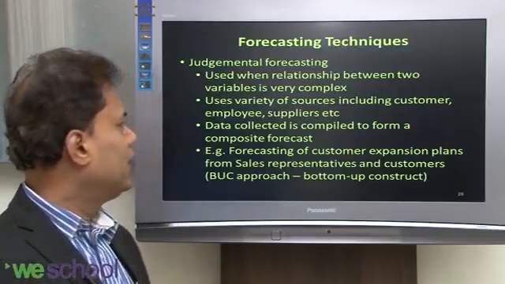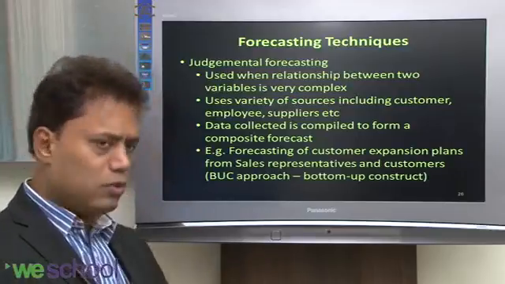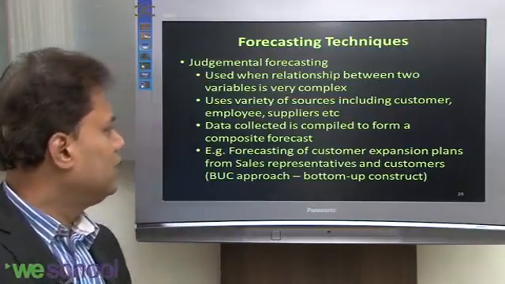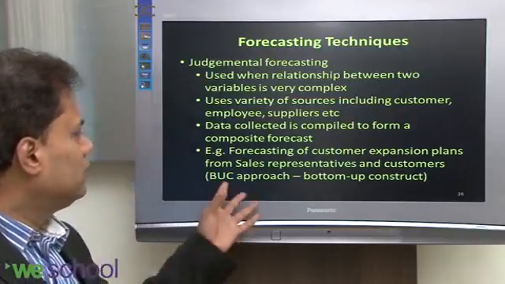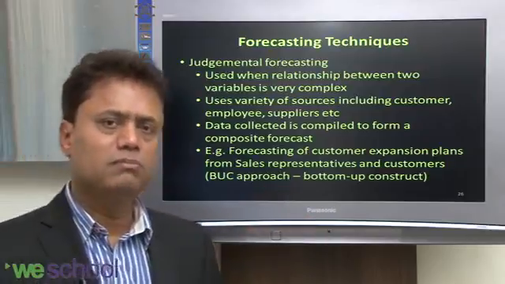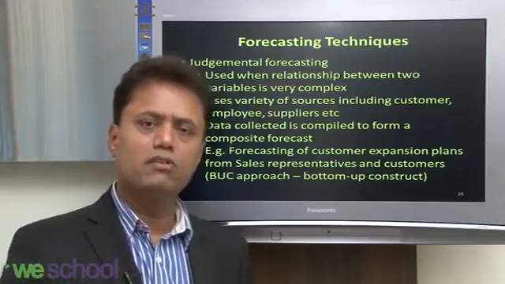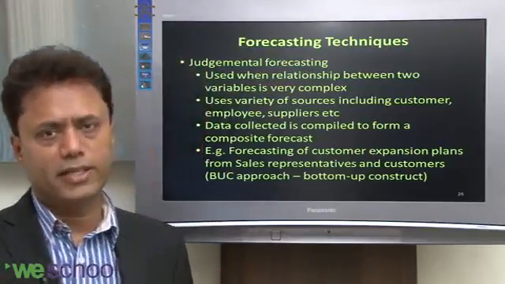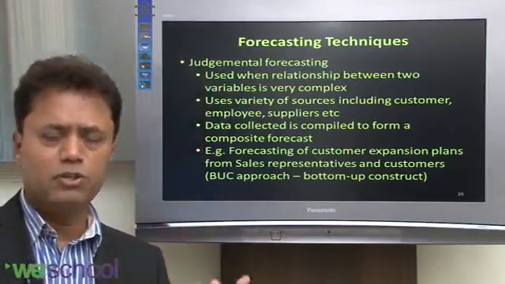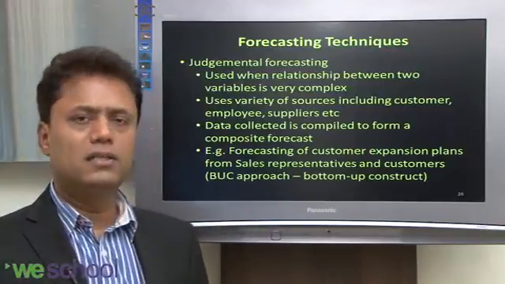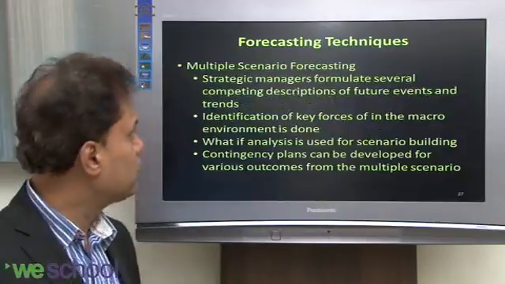You interview them, and then data is collected, compiled, and put into a composite format, and then you arrive at a forecasting plan: this is what my budget is going to be, this is what my revenue growth is going to be. You can do a bottom-up construct from your customers or from your sales team, marketing team. So these are some of the techniques that you can use.